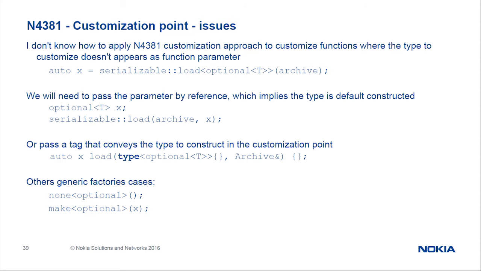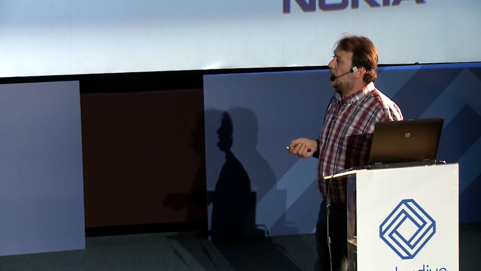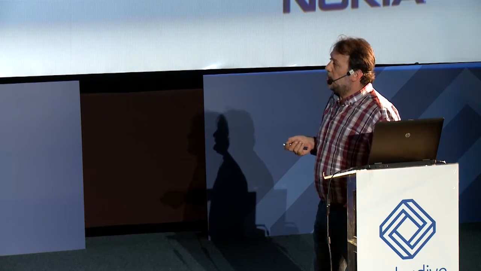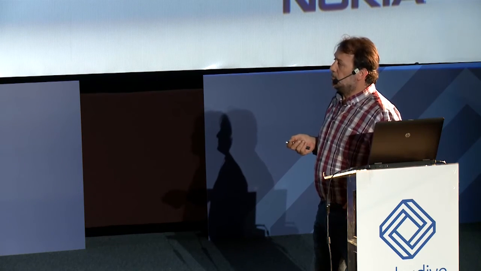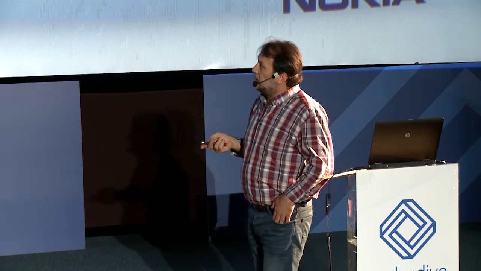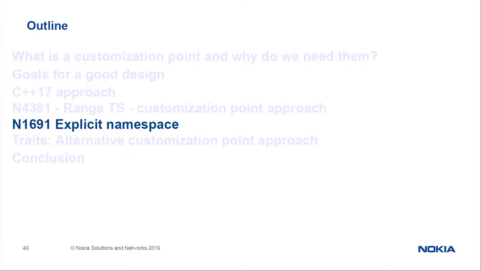For example, a non-function that returns the non-value associated to a nullable concept, or when we have a factory, I would like to be able to make an optional X in this way. Then, when the parameter is not deduced, overload doesn't work neither.